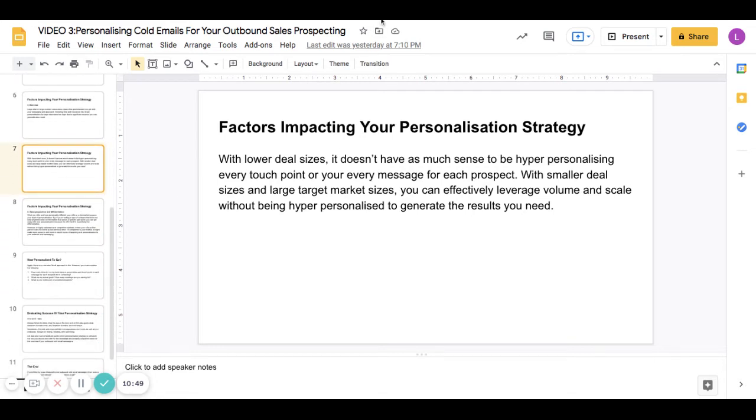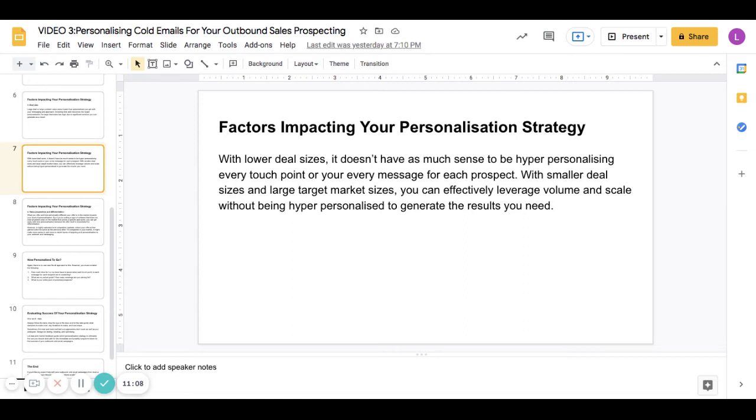To stick with the deal size, so for lower deal sizes, like if you're selling a service that's $2,000 a month, and you've got a large market size, it just doesn't make much sense to be hyper-personalized at every touchpoint of your messaging for each prospect. Okay?